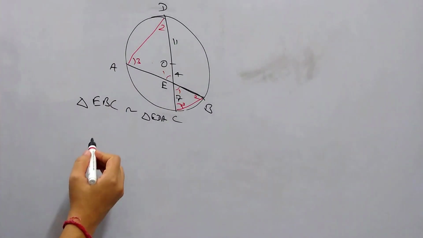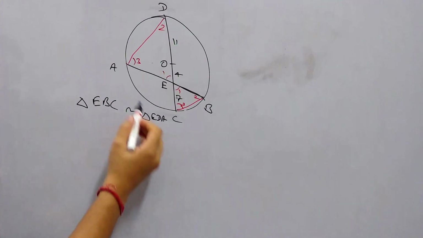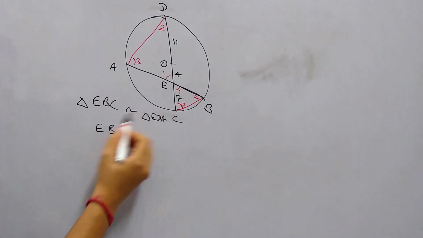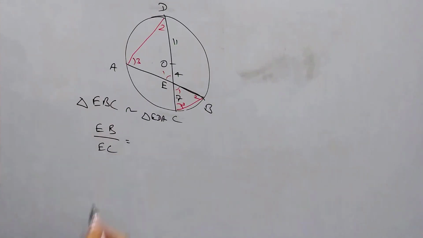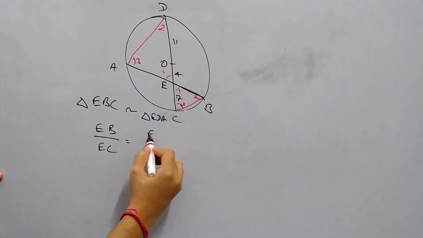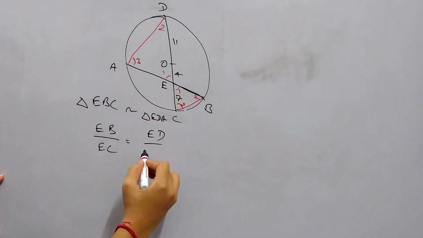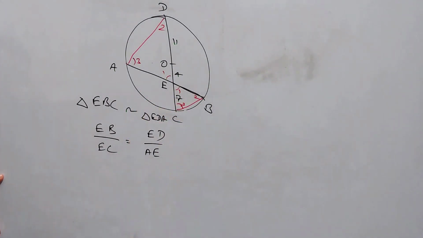So from this we can write EB by EC is equal to ED by AE. Okay, because these two triangles are similar.